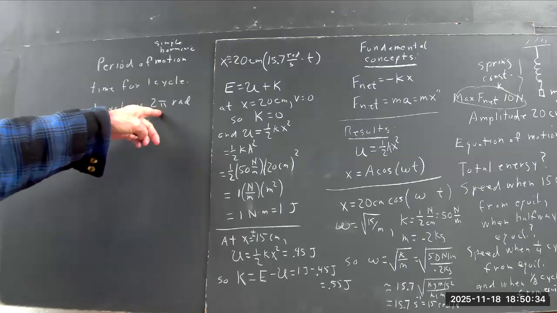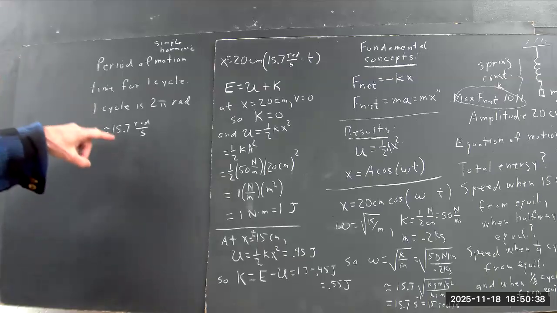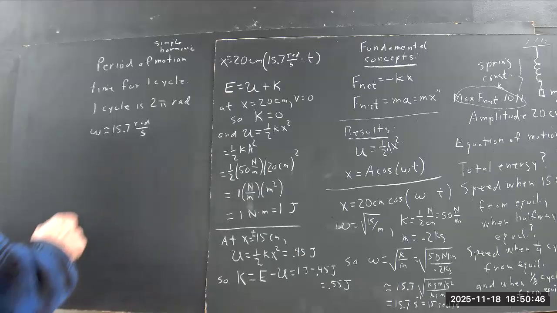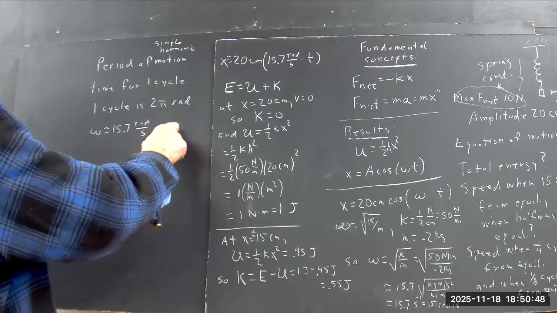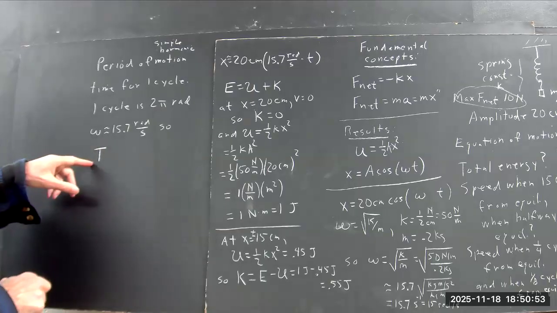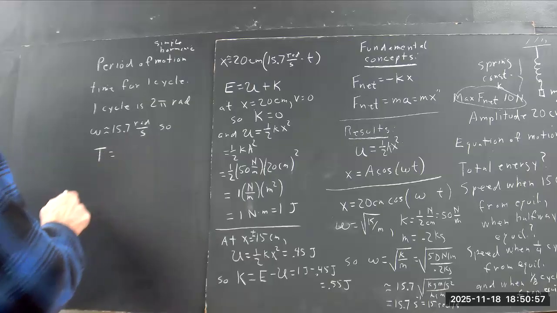And 2 pi is a little bit over 6, 6.3 roughly. Well, let's just calculate. Big T is often used to stand for the period.